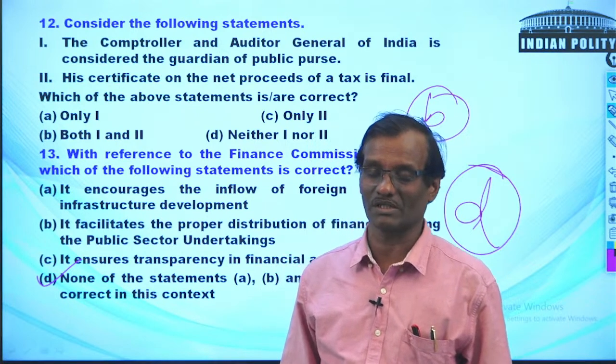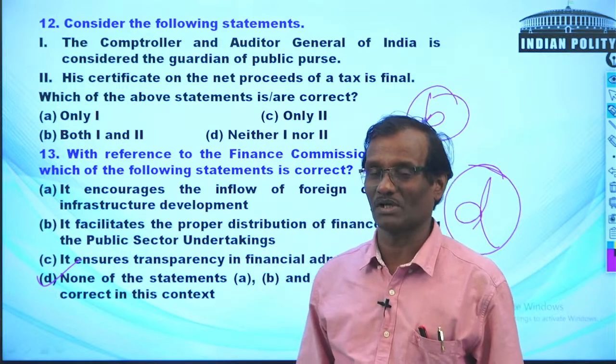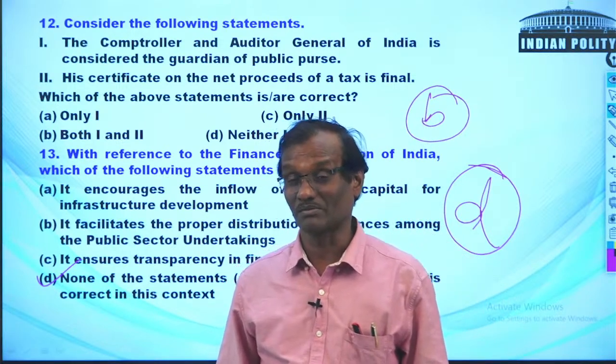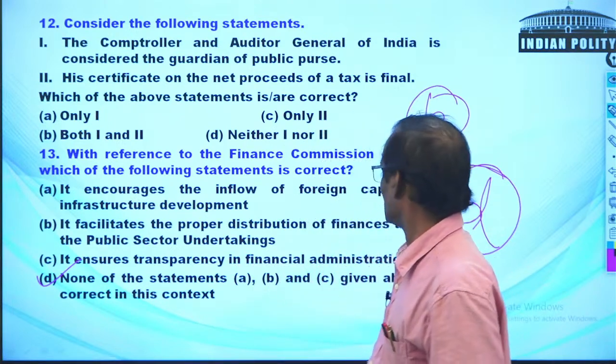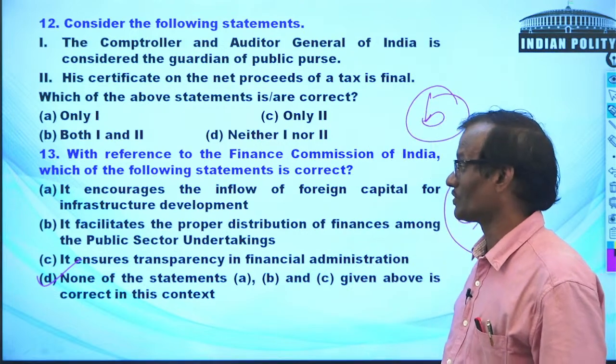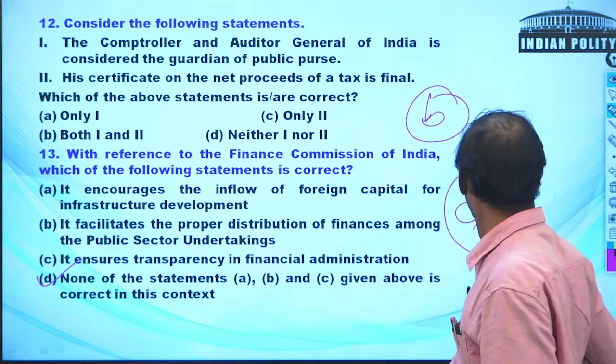It also suggests the mechanism or methods to be adopted for the upliftment of local resources. Hence the answer is D. So for both questions, B and D are correct. Okay.